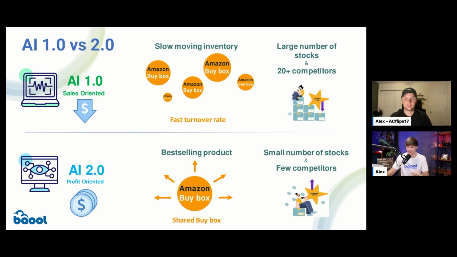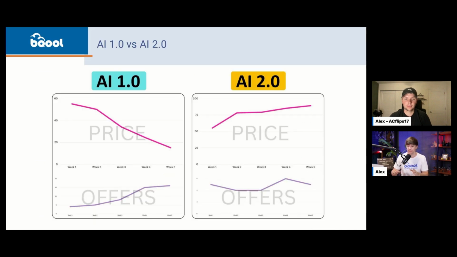And here we can actually see how to choose between different rules. If your Keepa graph looks like this, maybe your prices keep going down but the amount of offers is going up, then it's better to use our 1.0 rules, because they can help you sell your product faster.